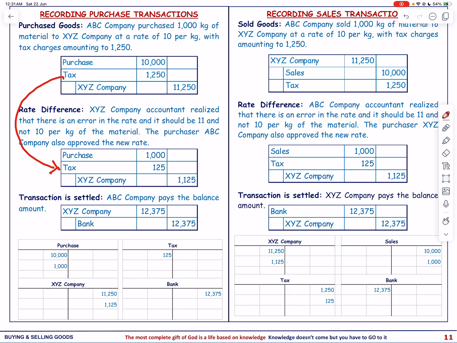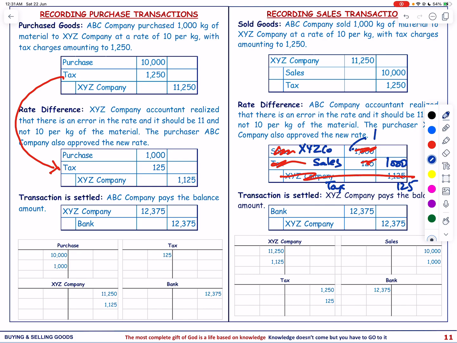But before we go into it, I am going to make the correction over here. There is an error, I am sorry for that. The journal entry is going to be something like this: XYZ company will be debit, and sales and tax are going to be credit by 1125, and this amount will be 1125, and that's why this amount is recorded over here.